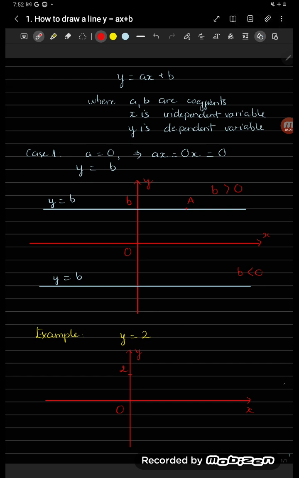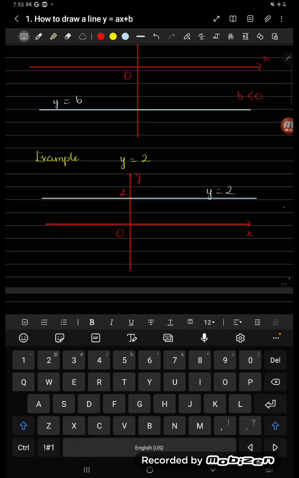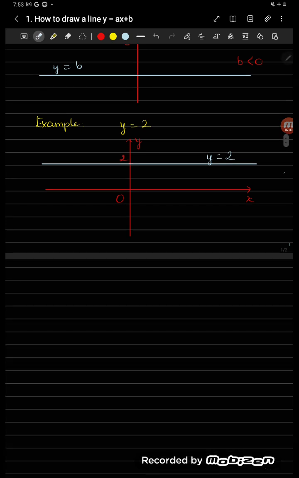So we'll draw a line parallel with the Ox axis but going through y equal to 2. So here is a sketch, a graph of the equation y equal to 2. So this case is a very simple example, so we don't have much to say.